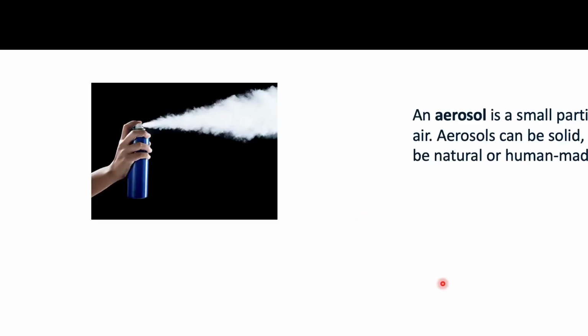Aerosol is a small particle or a droplet that is suspended in the air. So, with air as the medium, something that is suspended in the air is known as an aerosol. Aerosols can be solid, liquid, or a mixture of both. They can be natural or human made. And the best example of an aerosol is an aerosol spray that I have shown here on the left. So this is an aerosol, any particle which is suspended in the air.